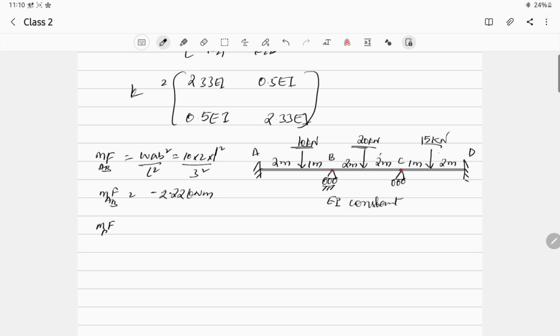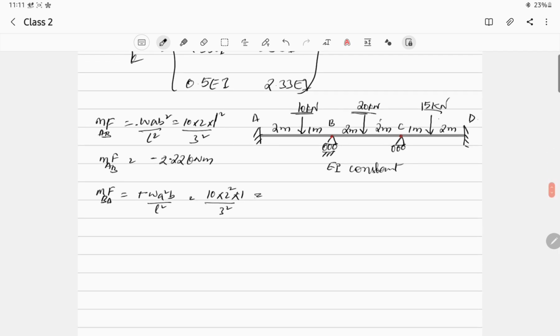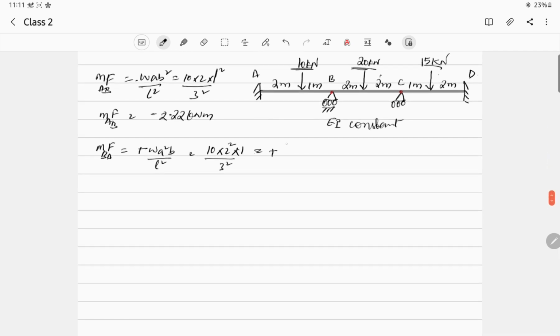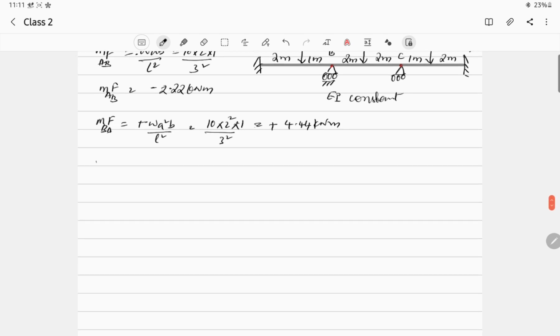Then MFBA is equal to, this is plus, WA square B by L square, which is equal to 10 into 2 square into 1 divided by 3 square. So this is equal to plus 4.44 kilonewton meter.